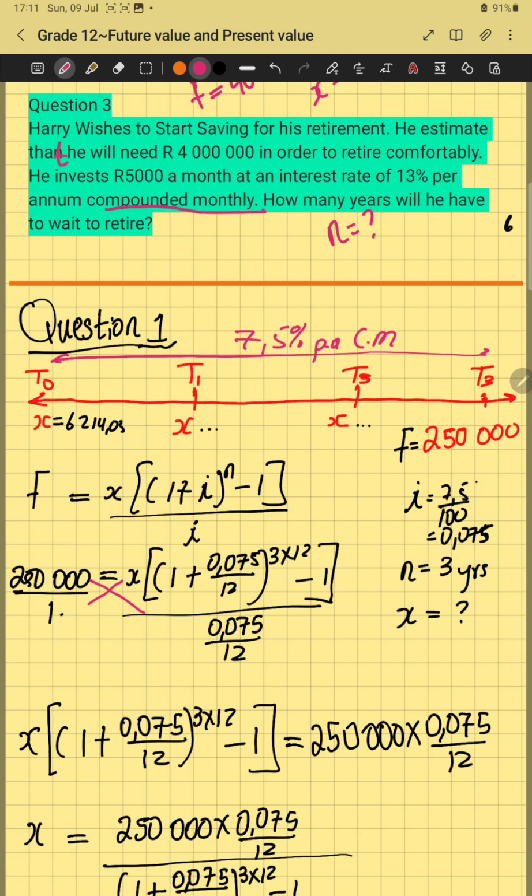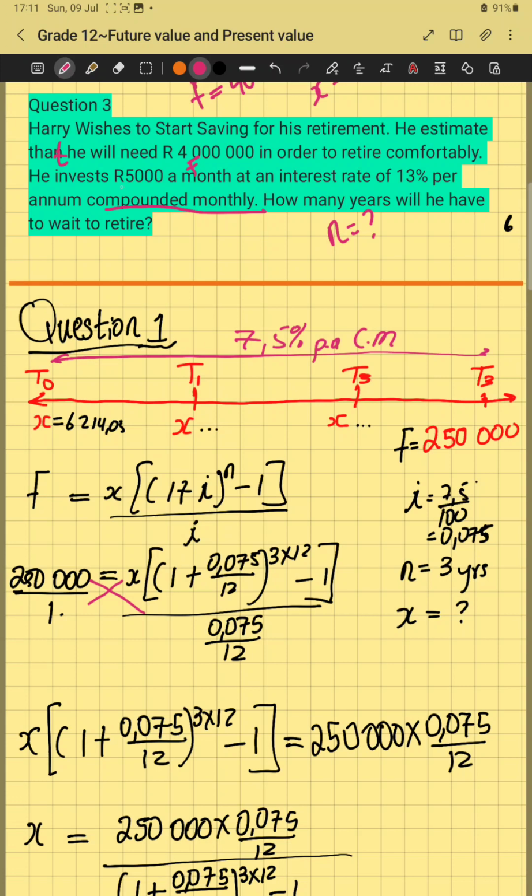Let's not forget to multiply by that 12 for the compounding period. I'm going to explain that at a later stage. So that means that 4 million is the future value. He doesn't have that amount right now. He wishes to have that amount in years to come.